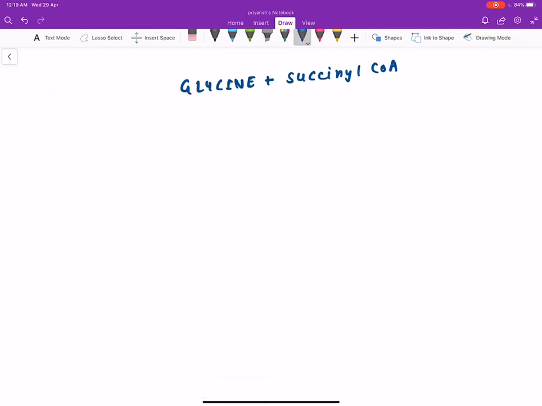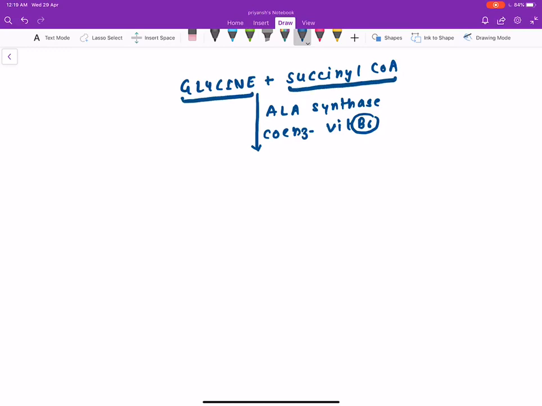When these two molecules unite, with the help of an enzyme, ALA synthase, and the coenzyme vitamin B6, these two small molecules will unite and make a bigger molecule. The name of the bigger molecule is delta amino levulinic acid.